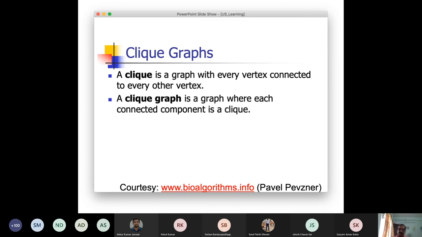So let me give you a brief definition of different concepts of graph. I understand that the basic definitions of a graph should be known to you. Otherwise, please read any book on data structures and also discrete maths.